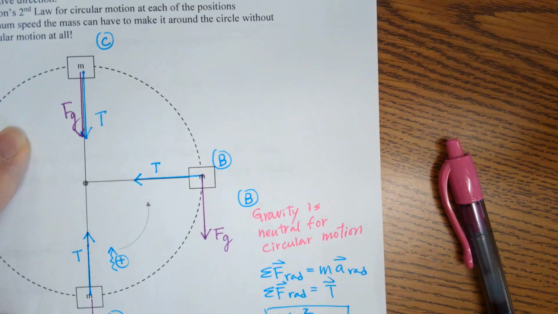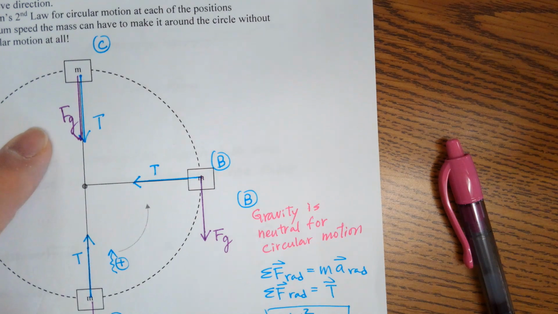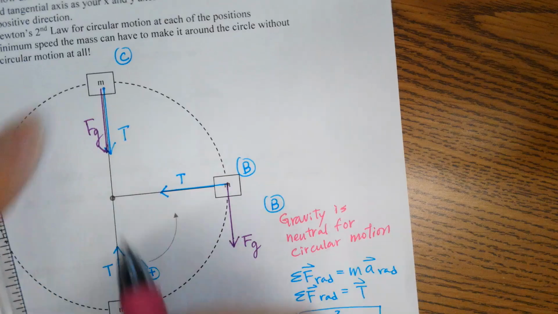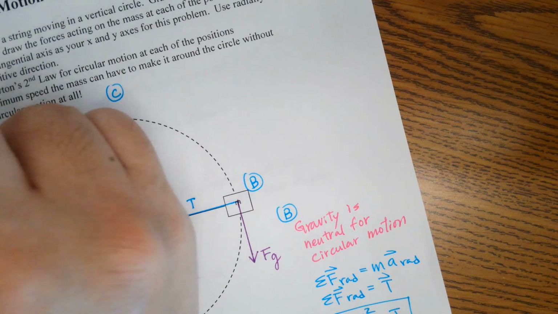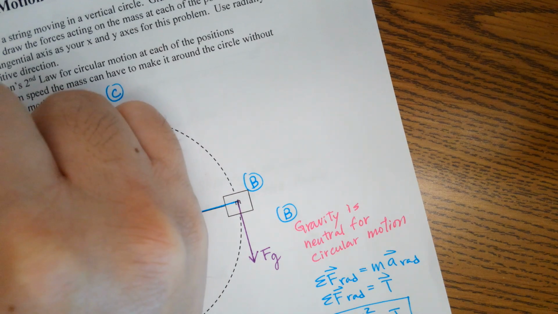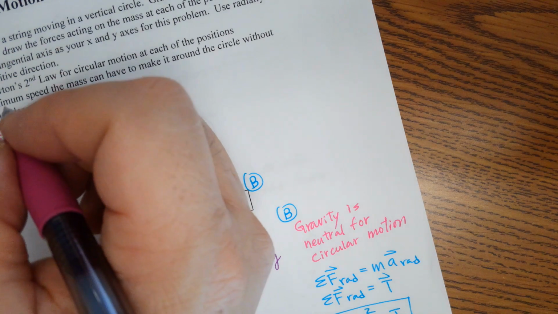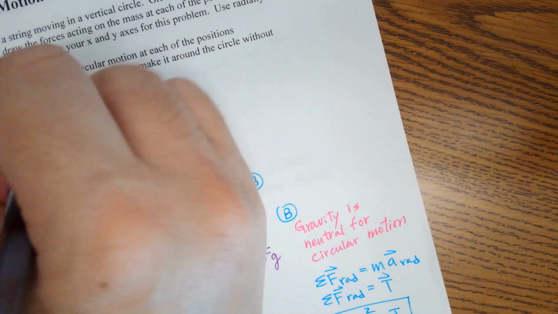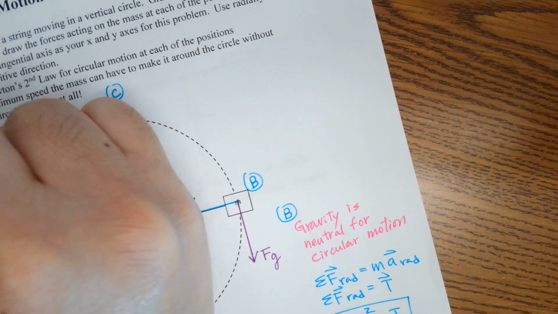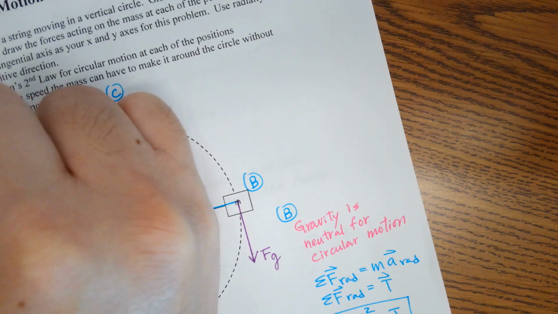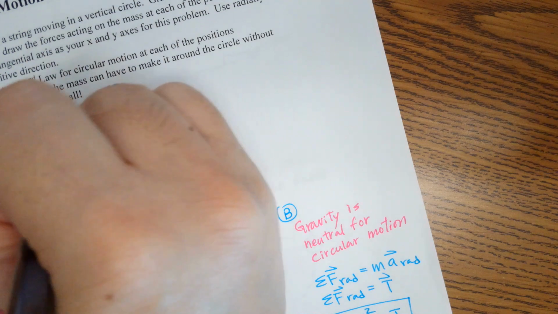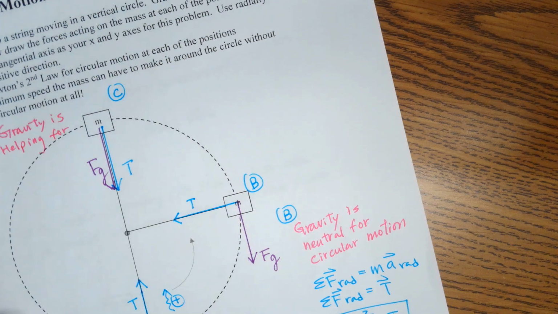So they're both helping the circular motion. In part C, gravity is helping for circular motion.